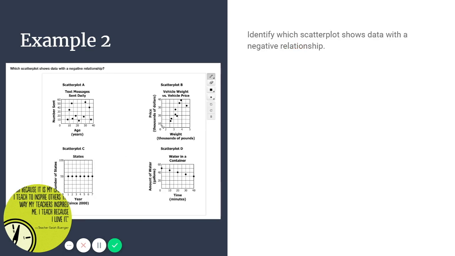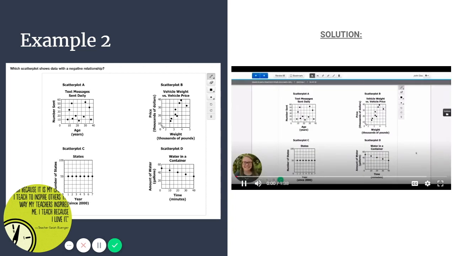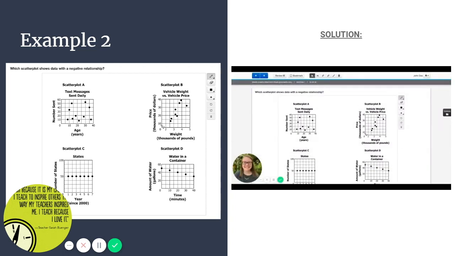Example number 2, we ask that you please identify which scatterplot's data has a negative relationship. So the question here is asking which scatter plot shows data with a negative relationship.